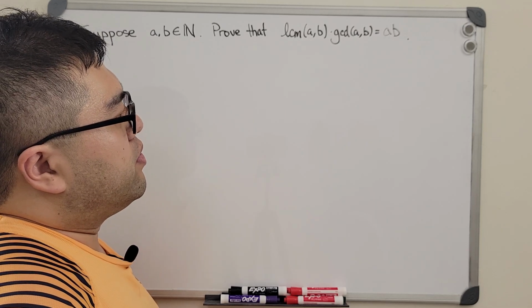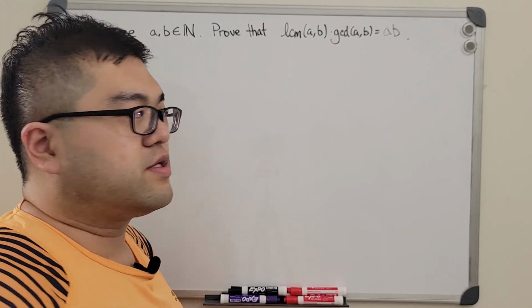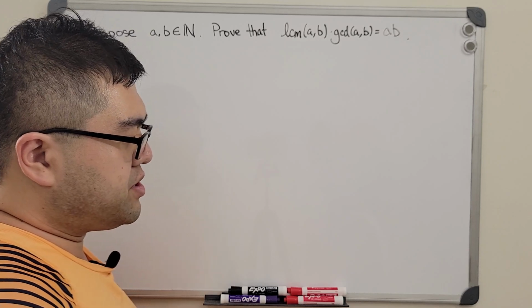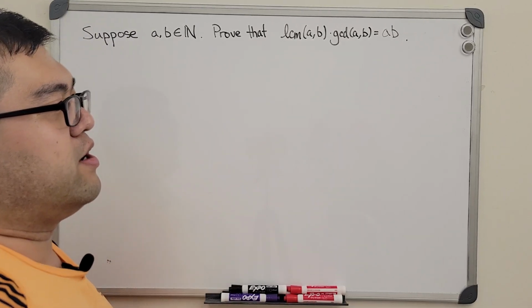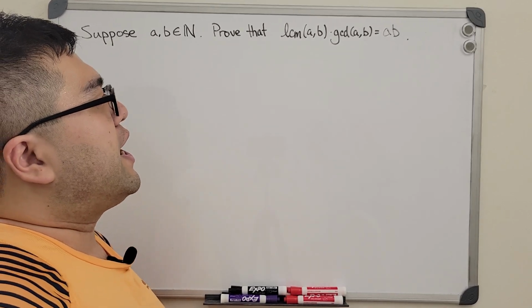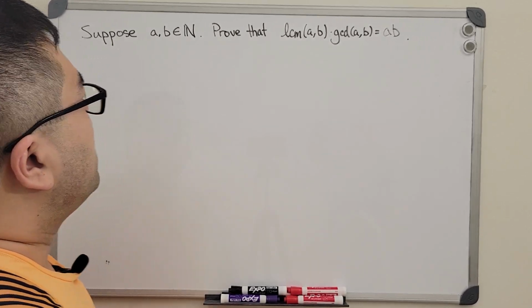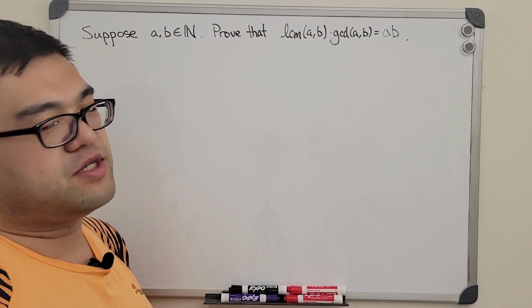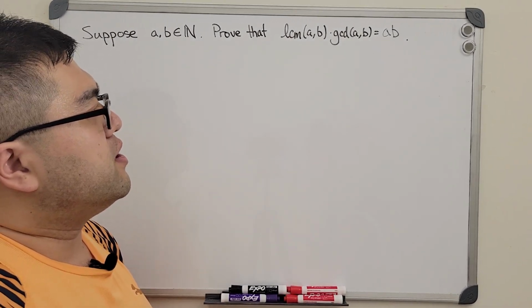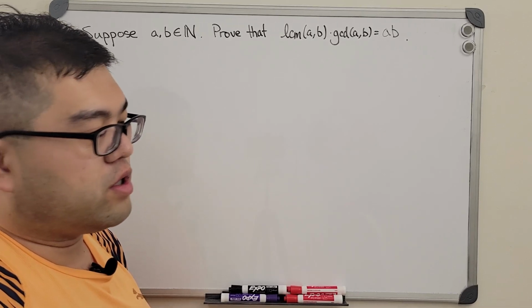And again, we also have a different name for greatest common divisor, GCD, which is HCF in some places, which stands for the highest common factor. Now, assume that you already know what the LCM and GCD stand for, which is just the literal meaning of the words.